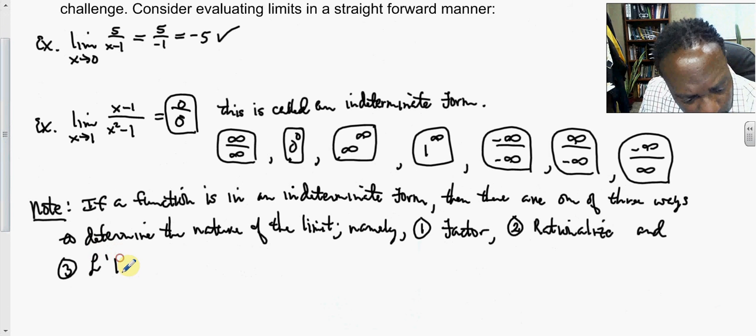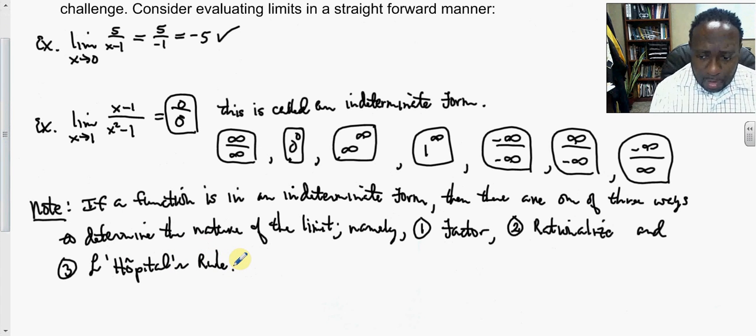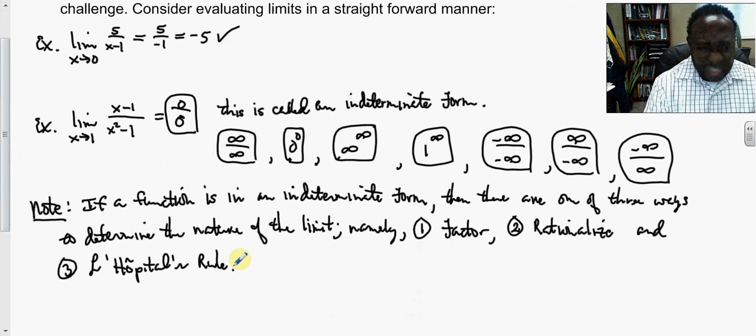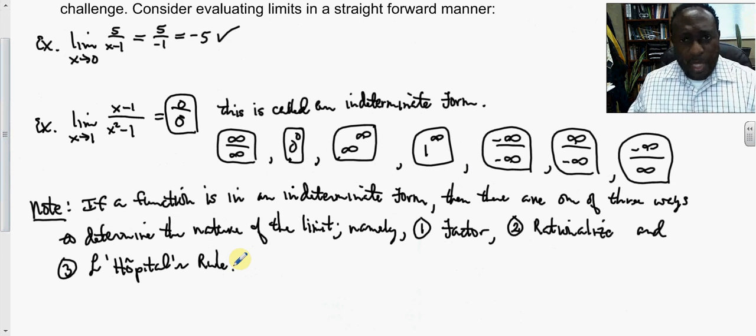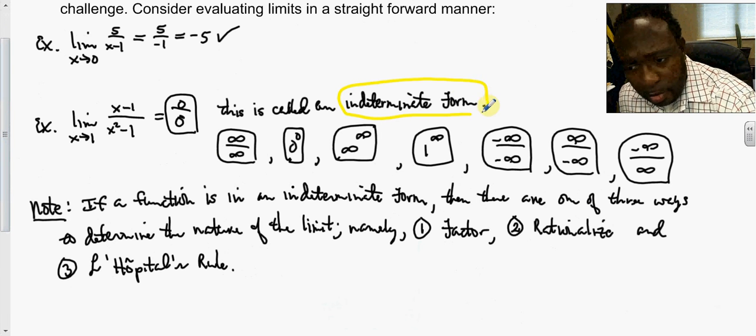So I want to give you a complete statement here. In this course, I will consider factoring if possible, or rationalizing if possible, in the particular case where you have an indeterminate form.